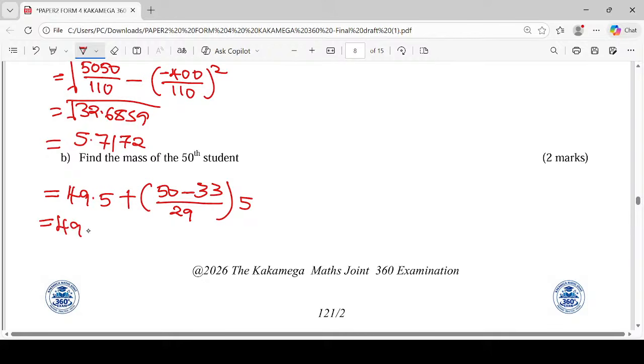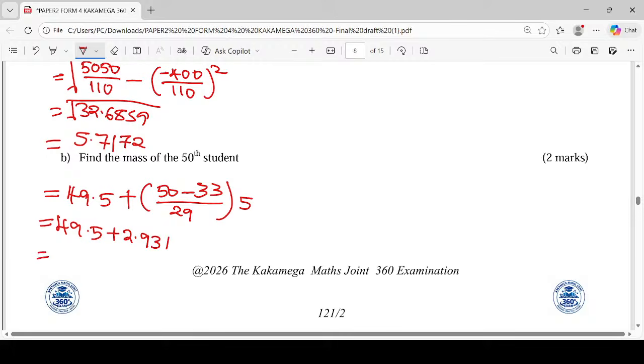So this will now be 49.5 added to, then get this point, take 50 minus 33, that will be 17, divided by 29, then multiplied by 5. This gives you 2.931.